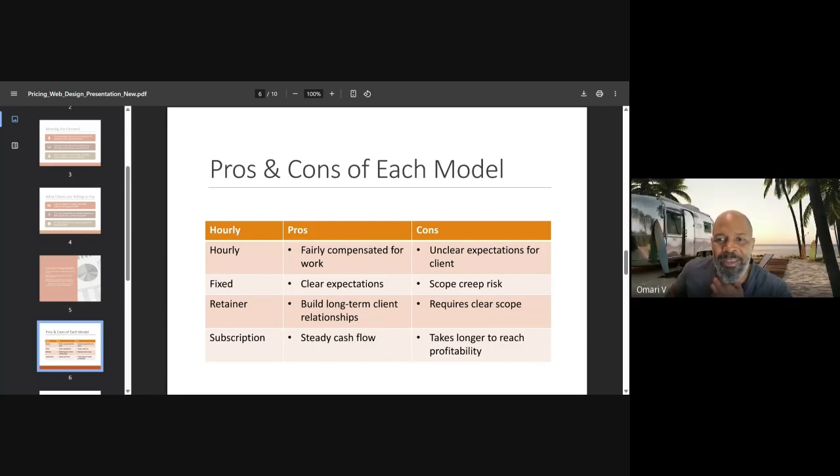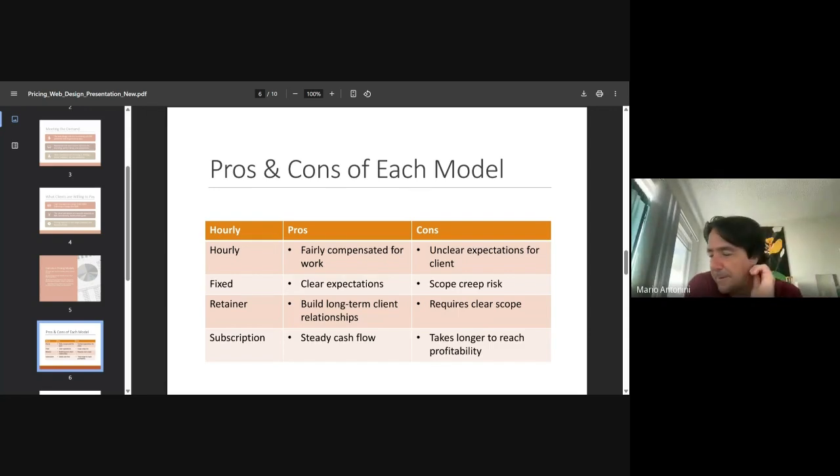Go ahead, Mario. Sorry. I just want to say real quick that I work with the first three models, and I think the key to any of them is to make sure you manage expectations and set clear goals and clear scope.